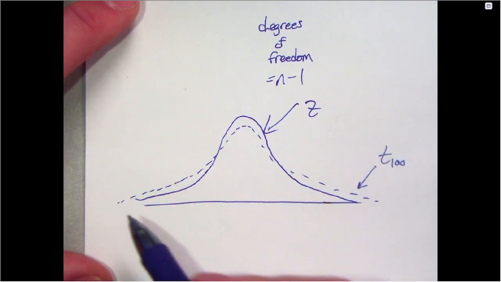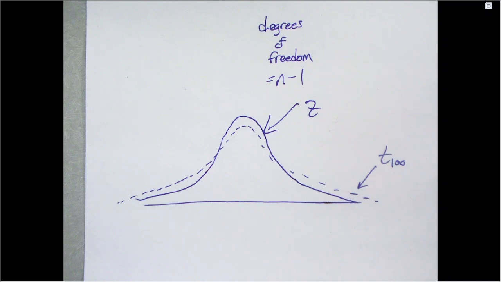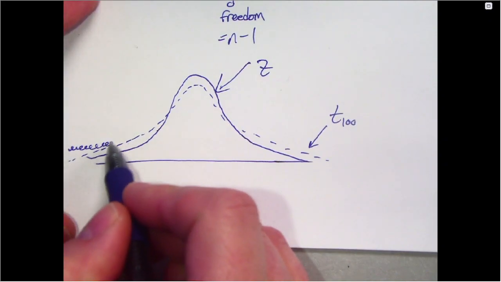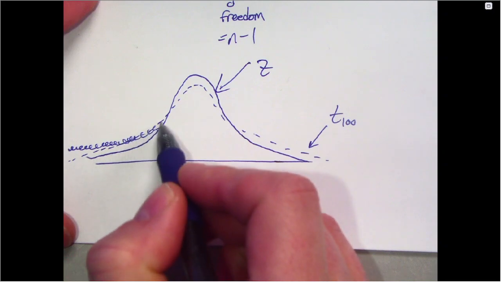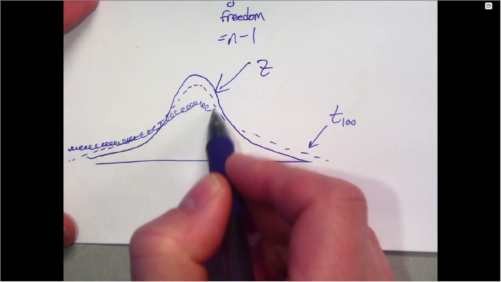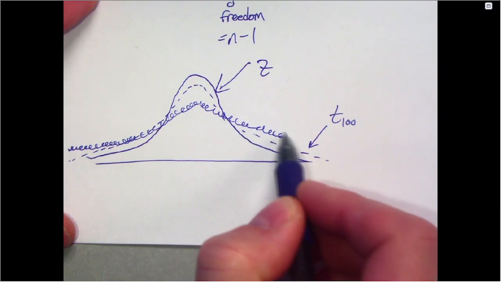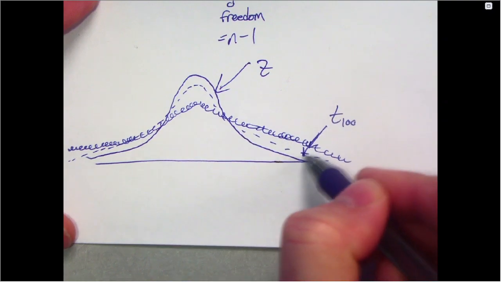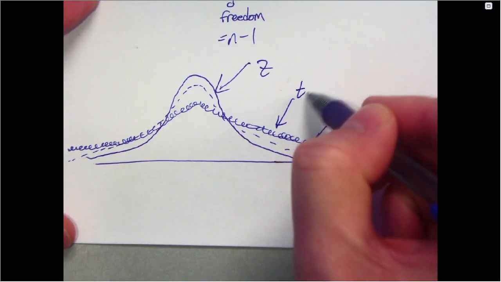So the next one, draw like a different symbol here. So maybe we'll do a little twirly. So a little more room in the tail, not quite as tall, more spread out. So that would be what T50 looks like.